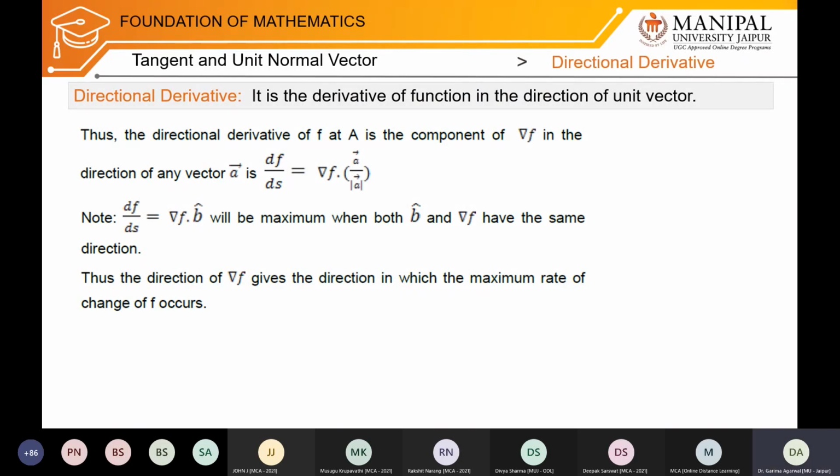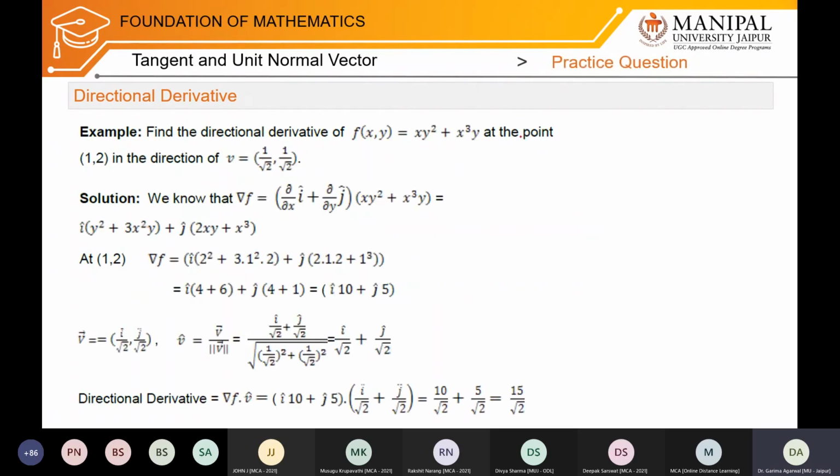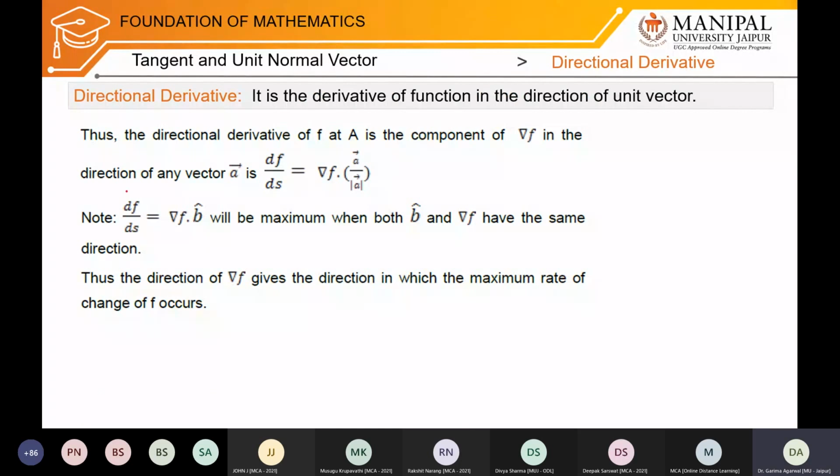Then directional derivative. What is the directional derivative? The directional derivative of f at a is the component of grad f in the direction of any vector a cap.